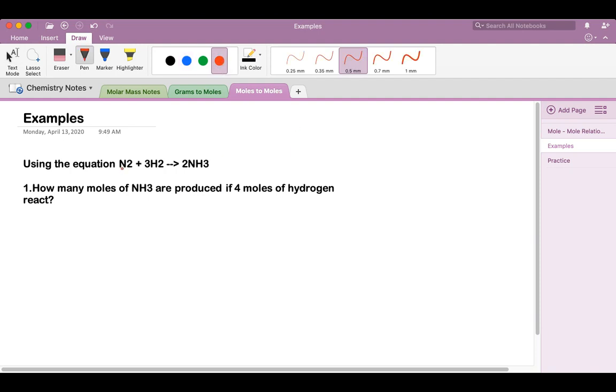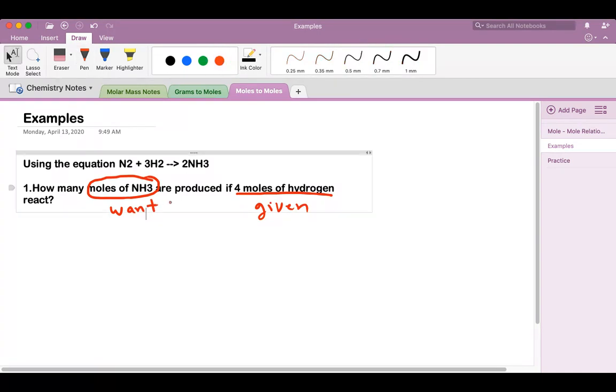So it's already balanced. 1, 3, 2. Next, identify what's given. 4 moles of hydrogen. So that's my given. Next, figure out what you want. I want moles of NH3. And what I know is going to be my mole ratios. So I need those coefficients.